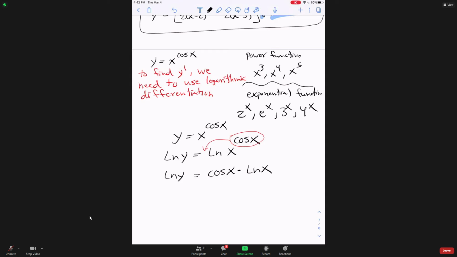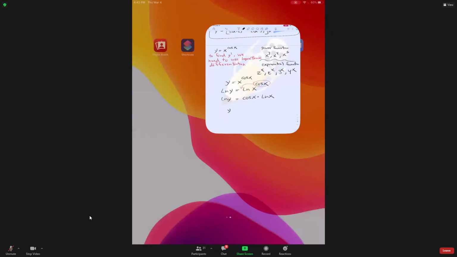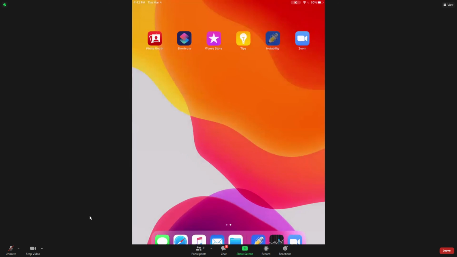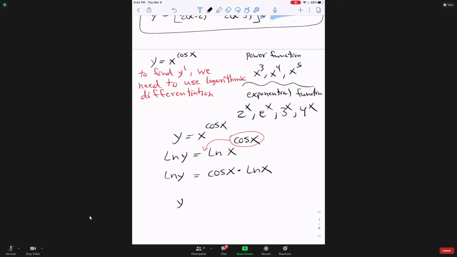Now we're going to take the derivative of both sides. What's the derivative of the left side? Well, natural log of y is y goes on the bottom, y prime goes up top.